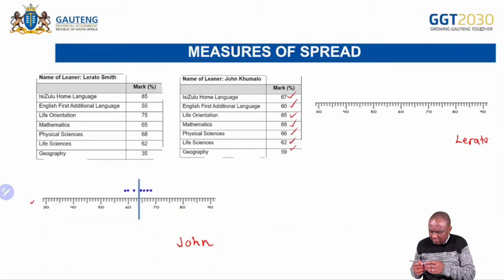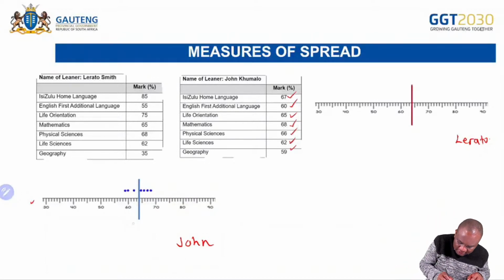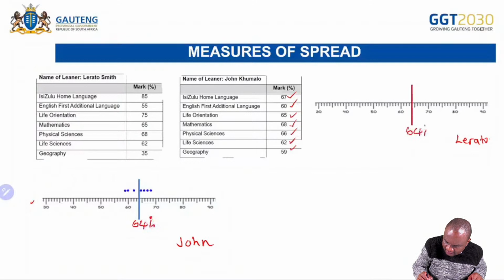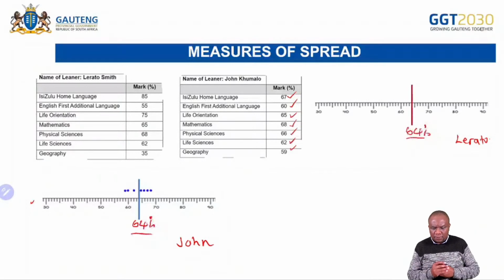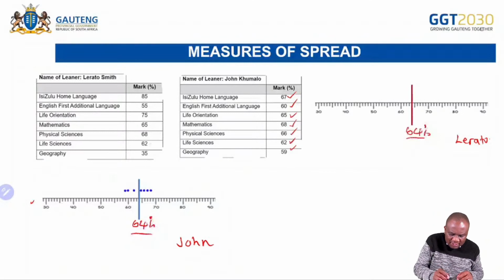Let me have the marks for Lerato so that we can compare them. That's the mean for Lerato. Again, it is 64%. Let me write 64% here, then I write 64% here. According to the mean, they perform the same way. Now let's look at the marks for Lerato. The minimum is 35.